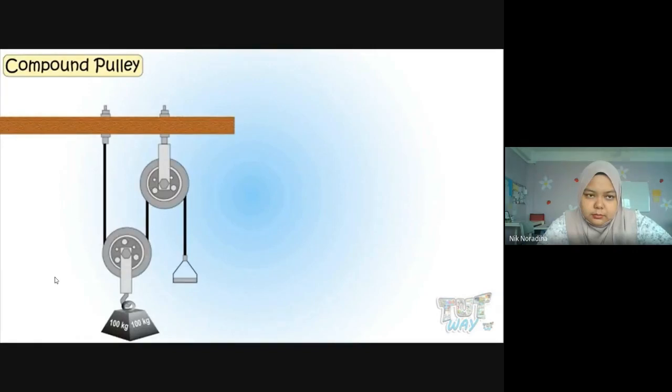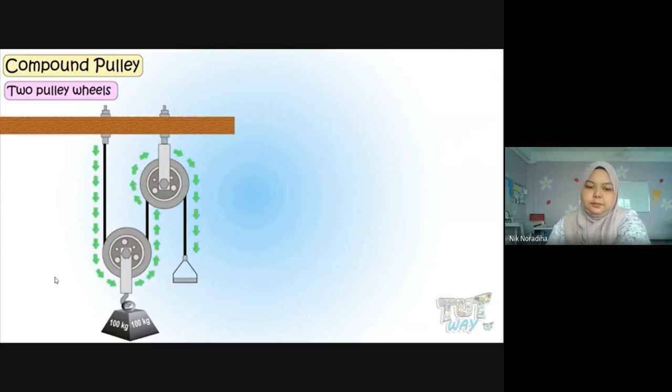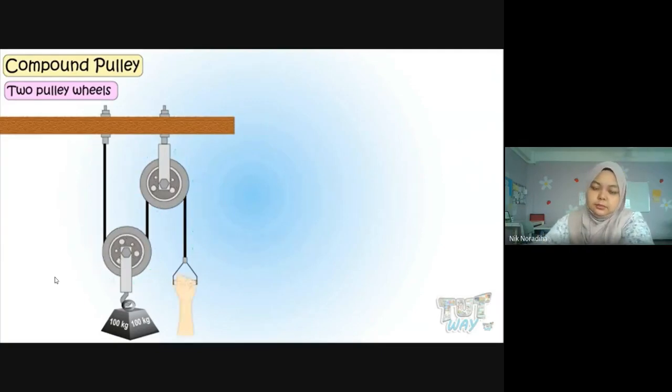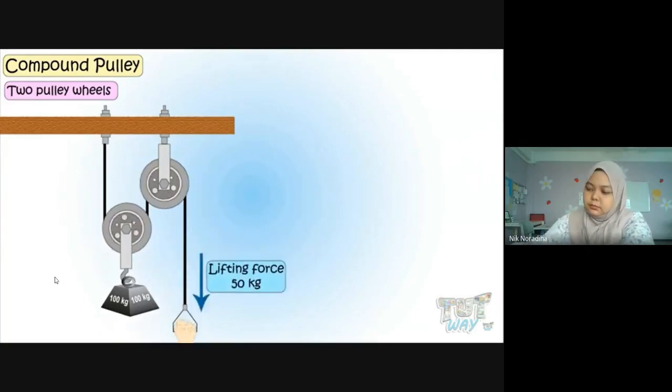Here we have two wheels and a rope looped around them. Here, a 100 kg weight is equally supported by two pulleys and a very long rope. And because of this setting, you can lift it by pulling with a force of just 50 kg. That is half the force otherwise required.